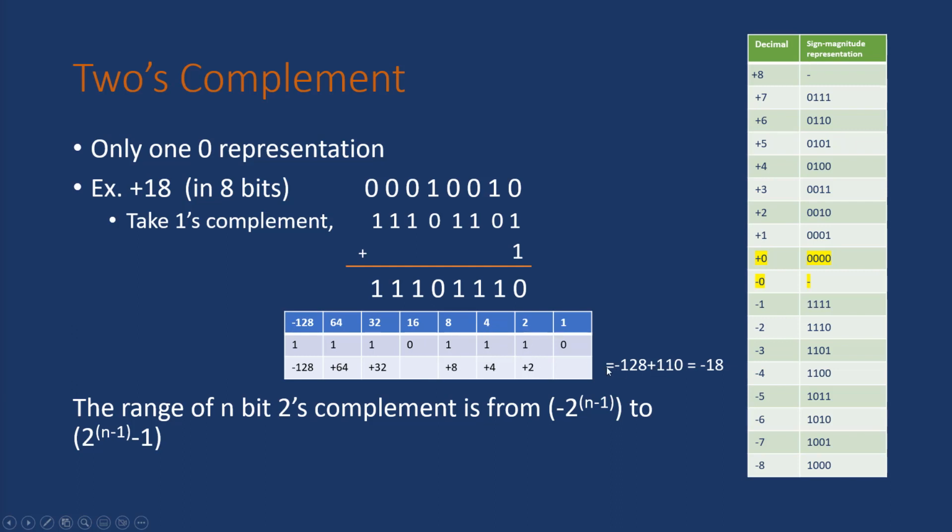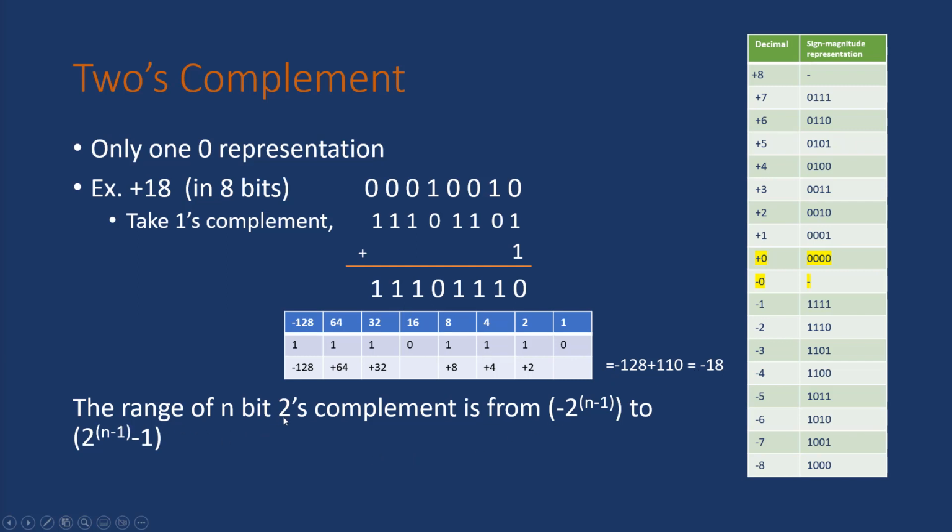So the formula here, this number is going to be minus 128 plus 64 plus 32 plus 8 plus 4 plus 2, that is 110. So after we add together, it's going to get negative 18. So that is the representation for the 2's complement, representing a negative number.